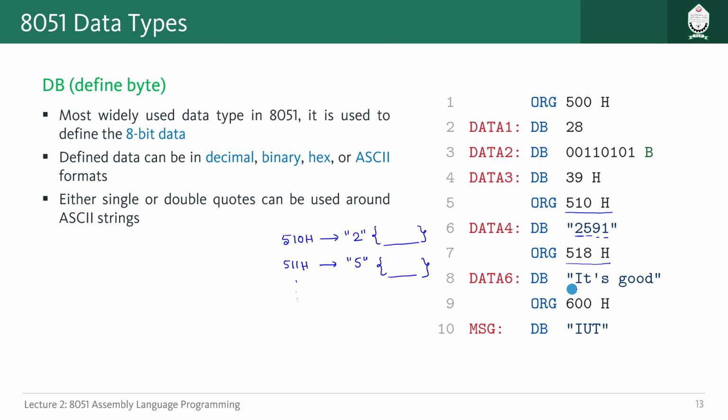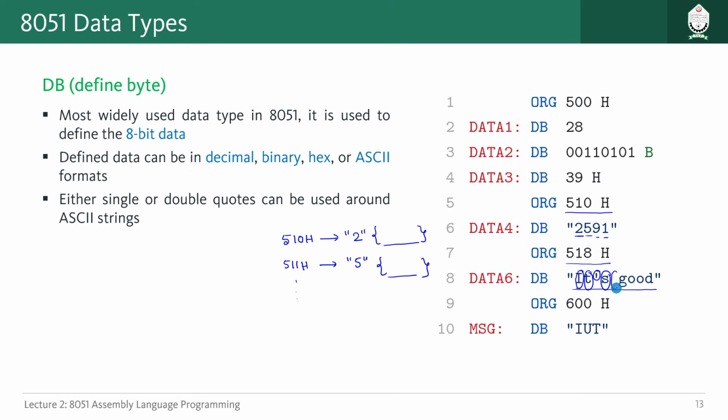So again this is another data with ASCII characters. For each of the characters it is taking 8 bits, so each of the characters will be stored onto one of the locations of RAM starting from 518. So this will be stored on 518, this will be stored on 519, this will be stored on 520, 521.